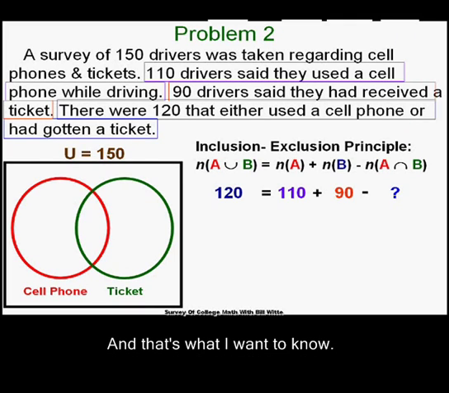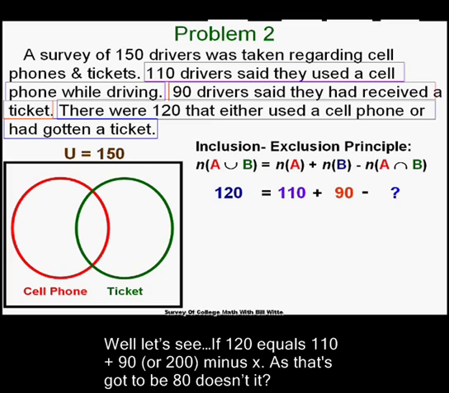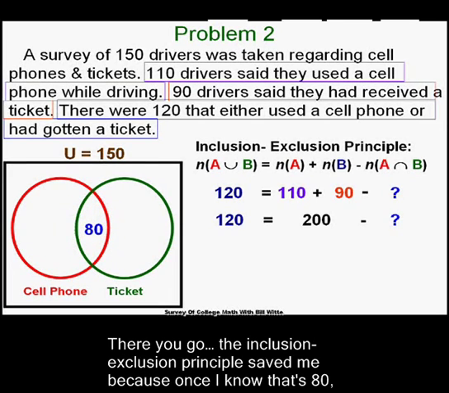But I can use this principle to find it. And once I find it, I'm in Fat City. Well, let's see. 120 equals 110 plus 90, or 200, minus X. That's got to be 80, doesn't it? Wow. There you go. The inclusion-exclusion principle saved me.